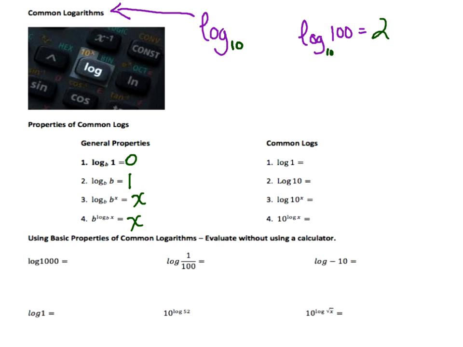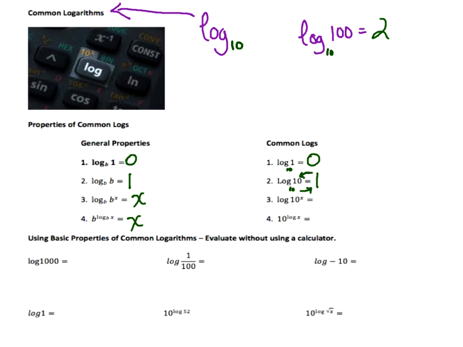We have those same properties for common log. So the log of 1, remember that's understood base 10. So what can I raise understood 10 to make 1? 0. Log of 10, that's log understood base 10 of 10 is 1, because understood 10 raised to the first power is 10.